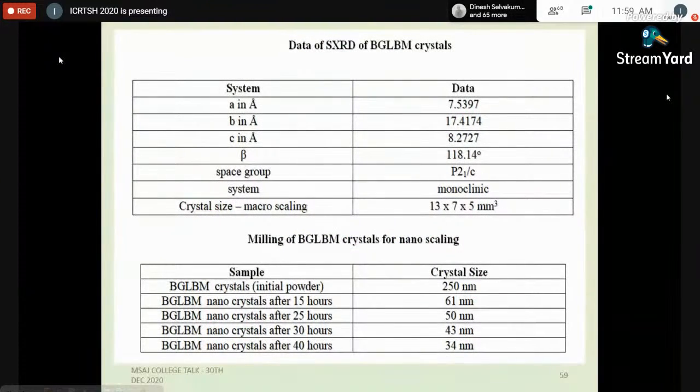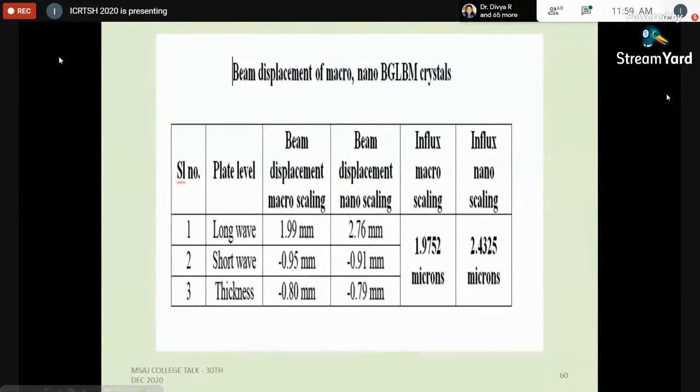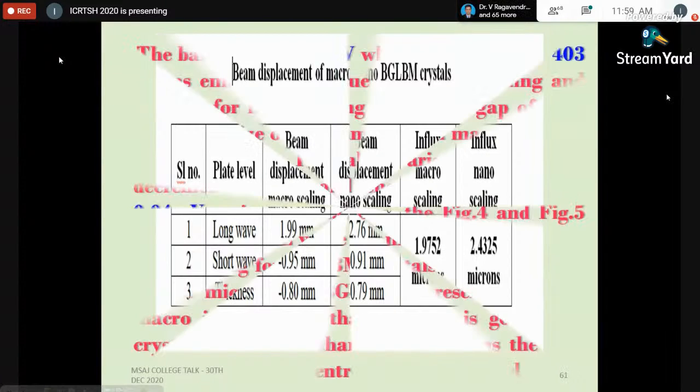Yeah, this is the scaling of the single crystal XRD data for the macro scale as well as nano scaling, up to 40 hours, giving 34 nanometer. Next slide, please. This is a filter application. So nano scaling will have more enhanced filter applications compared to the macro scale. Next slide, please.